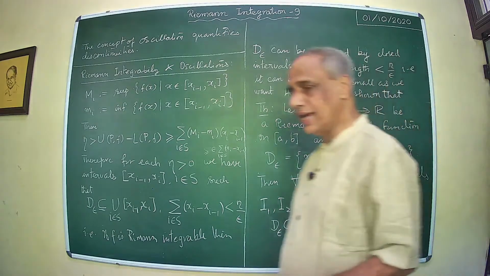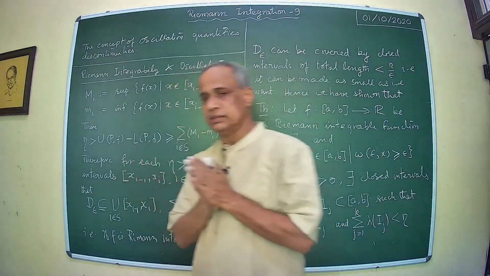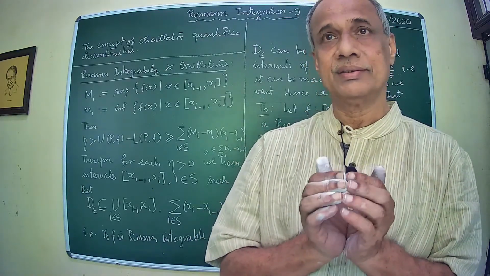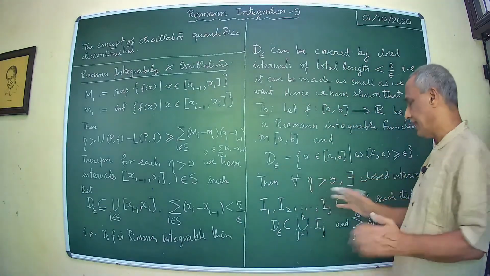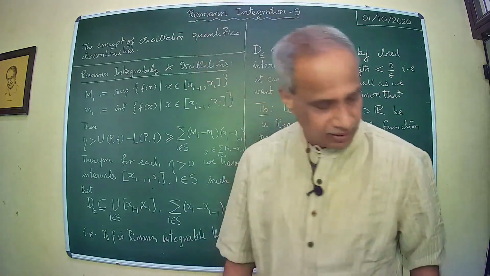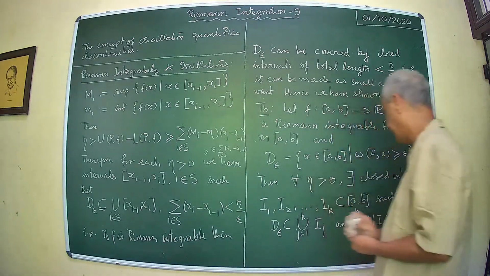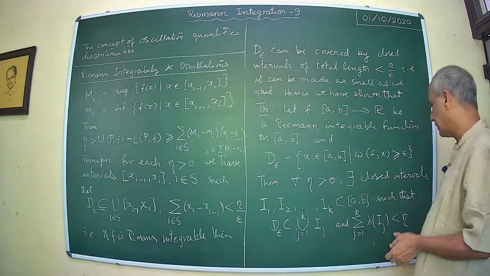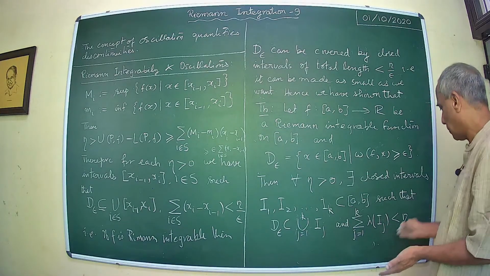So what it simply says is that all the discontinuities bigger than epsilon can be brought inside a finite number of intervals, I_1, I_2, etc. And also, the total length of such intervals can be made arbitrarily small.